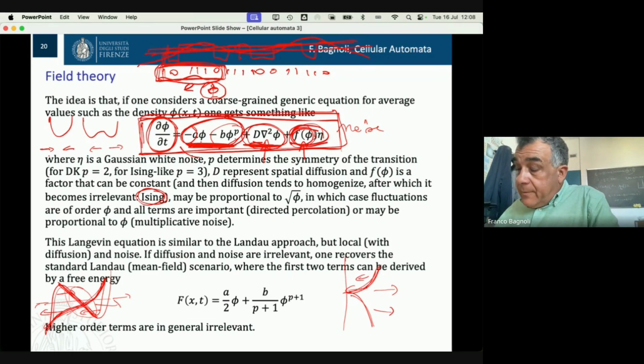Or it may be proportional to the square root of phi, so that the fluctuation, which is the square of this, is of order phi, and all the terms are essentially relevant, and this can be shown to be the case of directed percolation.